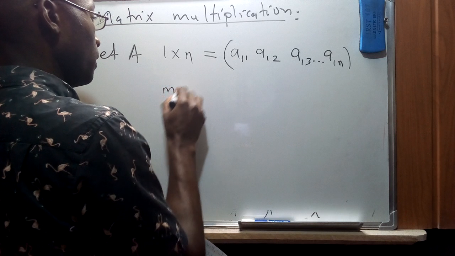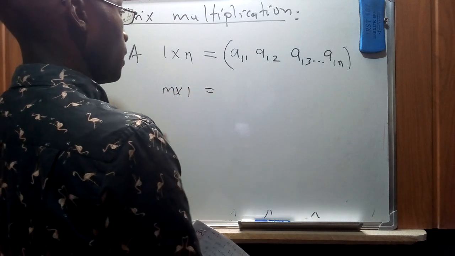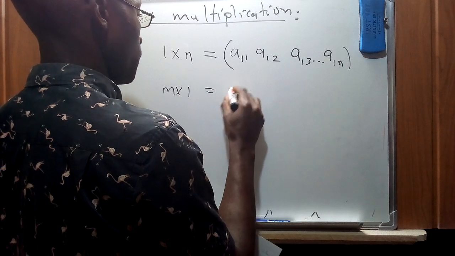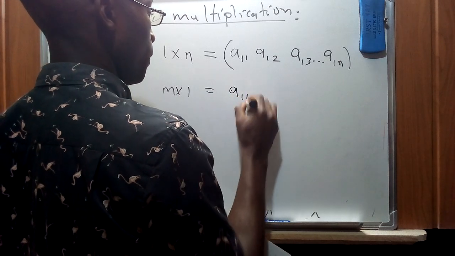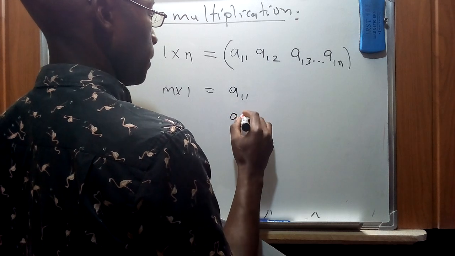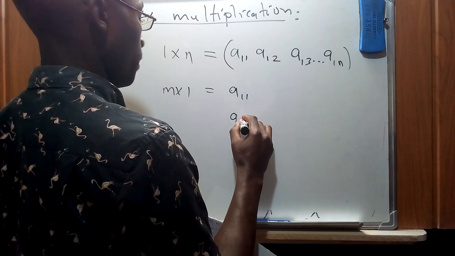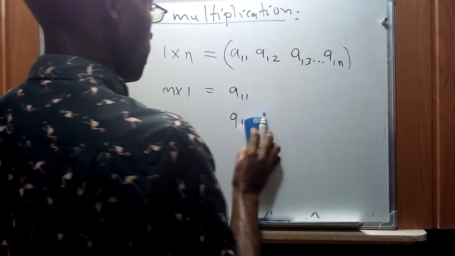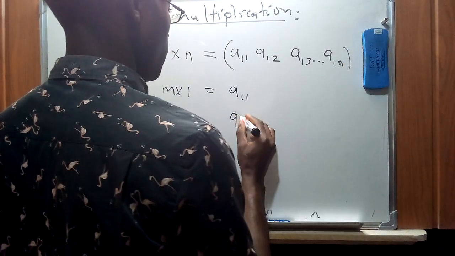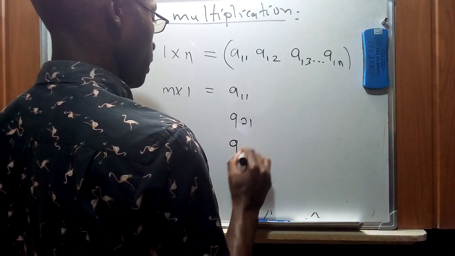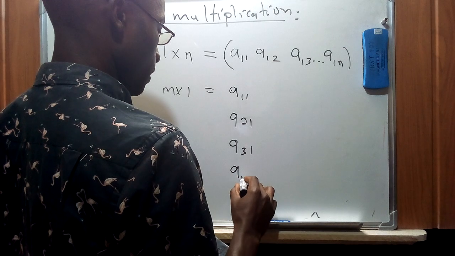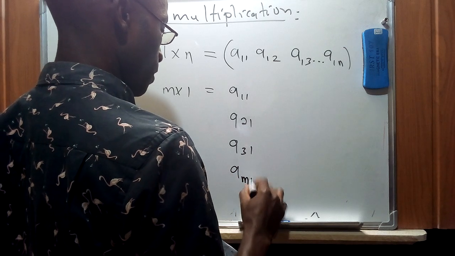And then the matrix M1, with entries A11, A21 (row 2, column 1), A31, and so on.